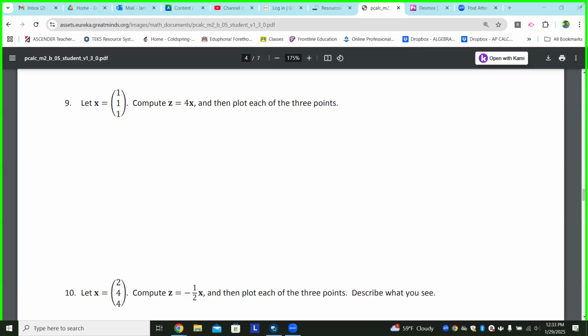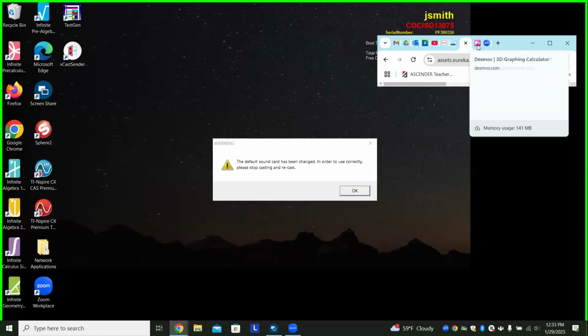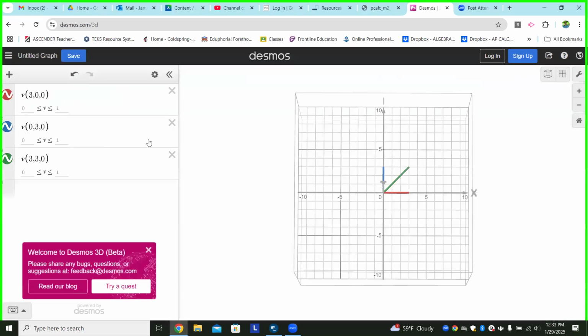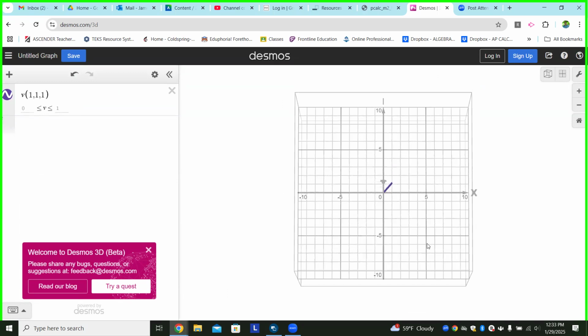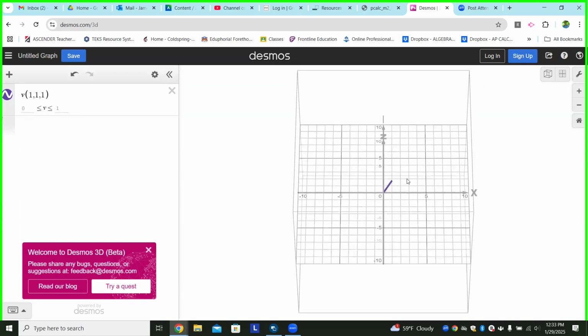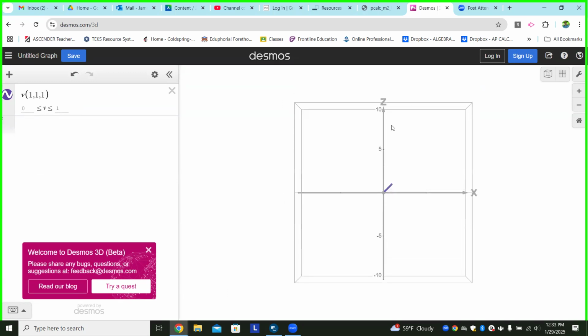It's great. So let's look at that real quick, and then we'll do the last one, and then I'll take questions or excitement if you just want to experiment with things here. All right, so we had 1, 1, 1. Again, if I graphed it just on an XY plane, obviously it just went 1 over 1. In 3 dimensions, it is now raised off the XY plane by 1 unit.